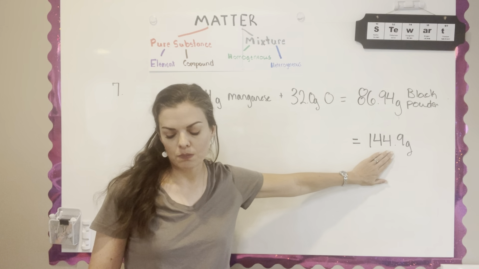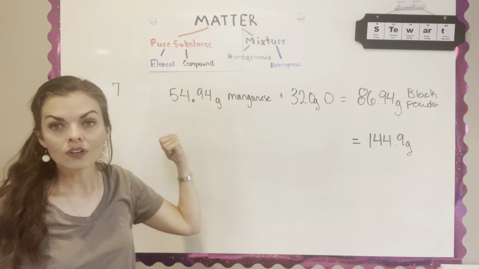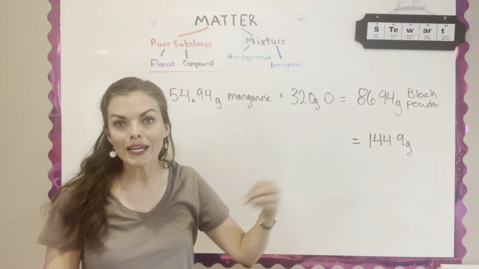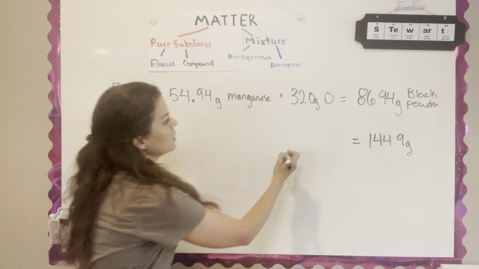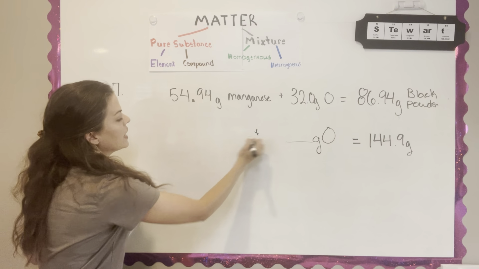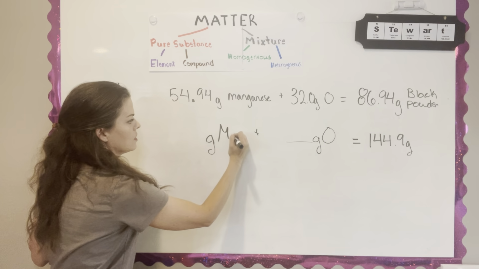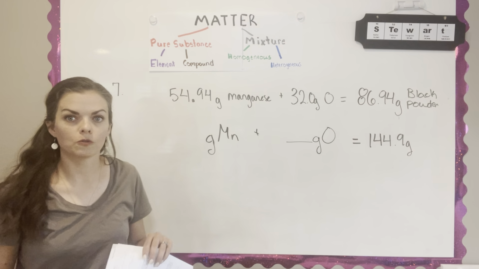And they are taking 144.9 grams of this black powder, and they are breaking it down. So instead of making it this time, they're taking it apart, and we're looking for how many grams of oxygen we have and how many grams of manganese. I'm going to write Mn because that's the chemical symbol for manganese.